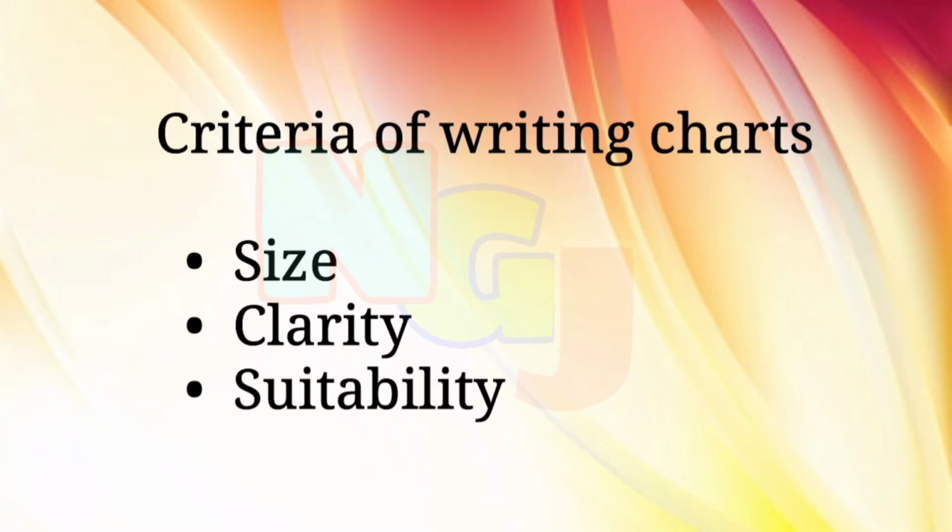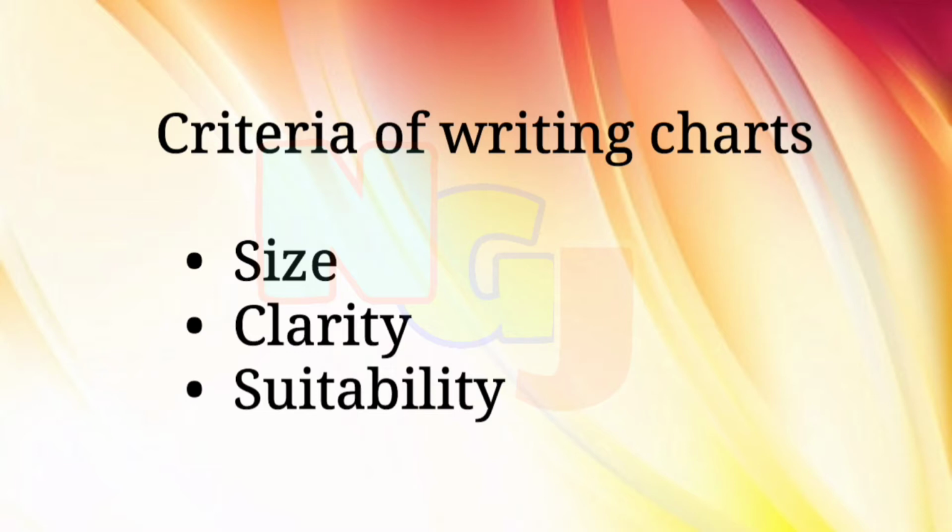So, you should ask yourself three questions. Regarding size, you should ask yourself, is it large enough to be seen by all the pupils in the class? If your answer is yes, then the letters on your chart are of acceptable size. Then the second question to put to yourself is, is it clear? Are all the things relevant?